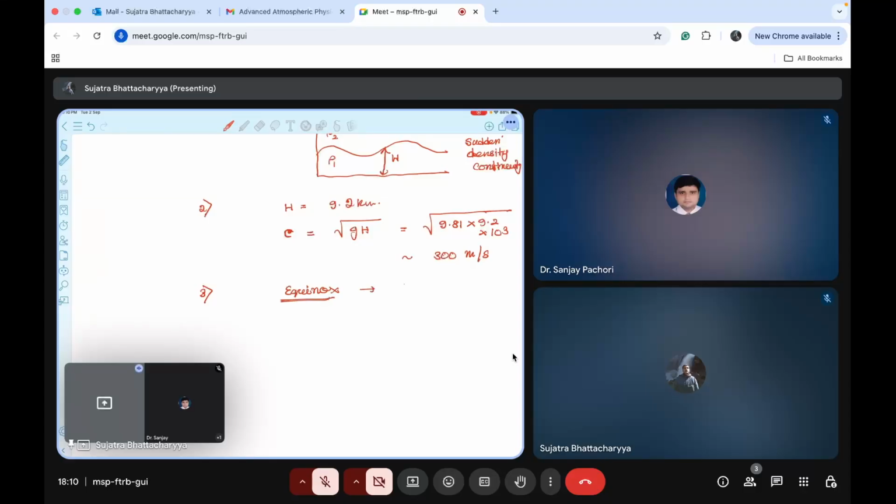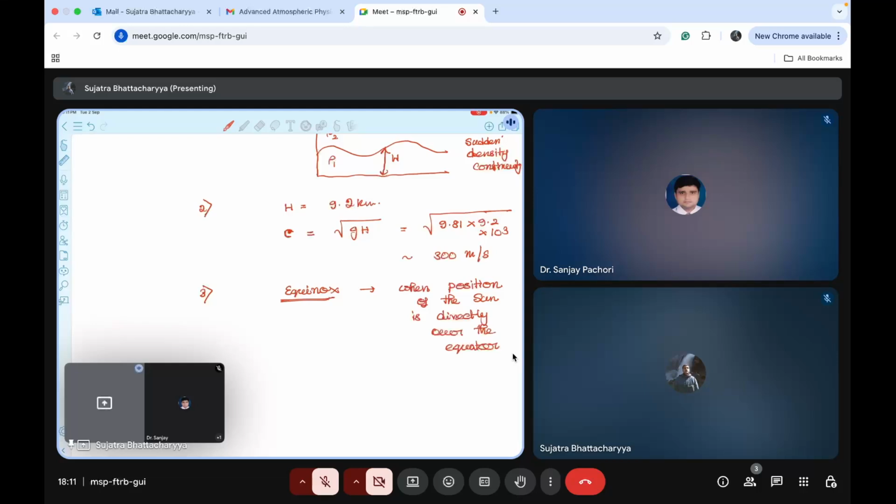Equinox is when the position of the sun is directly over the equator. This is when you are on the earth and you are seeing the movement of the sun. So earth is now your reference frame and you are seeing the sun's movement.